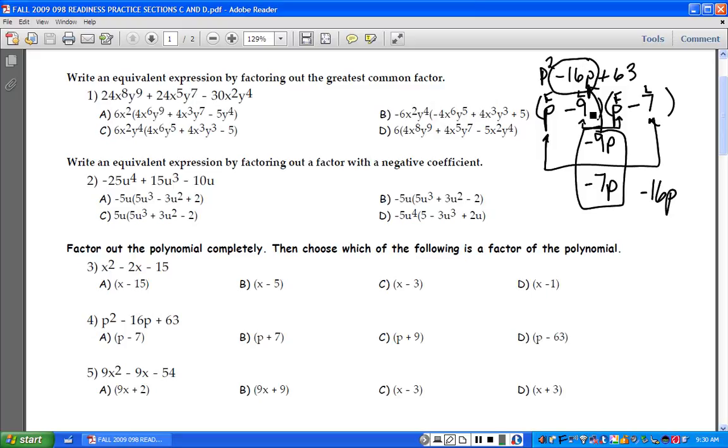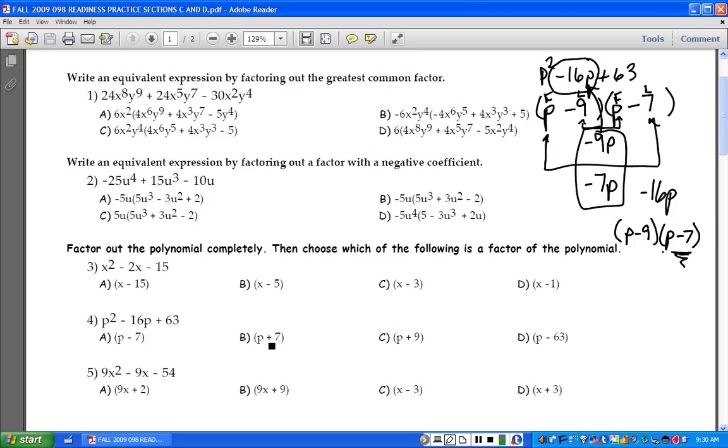So that lets us know we now have the right pair of factors, which are p minus 9 times p minus 7. Okay, so we check our answer choices for number 4. A says p minus 7. P minus 7 is one of our selections, so we hold on to that. We think that's the answer. Let's double check.